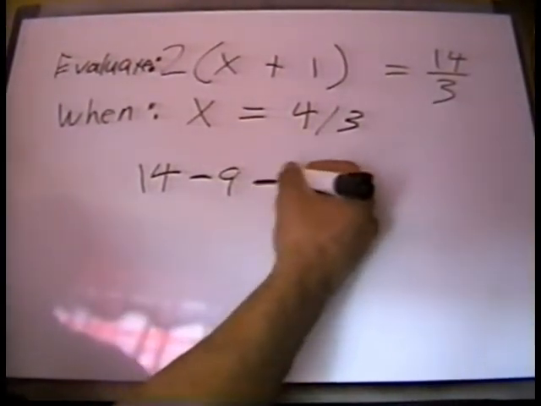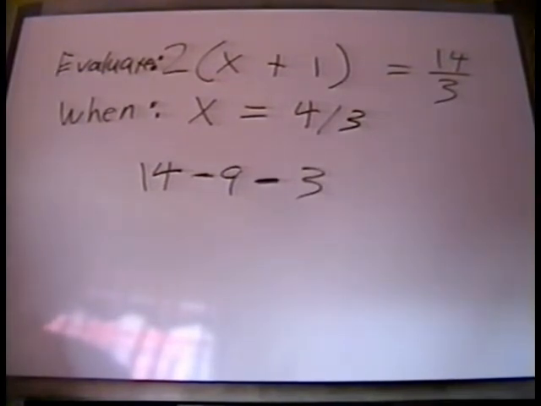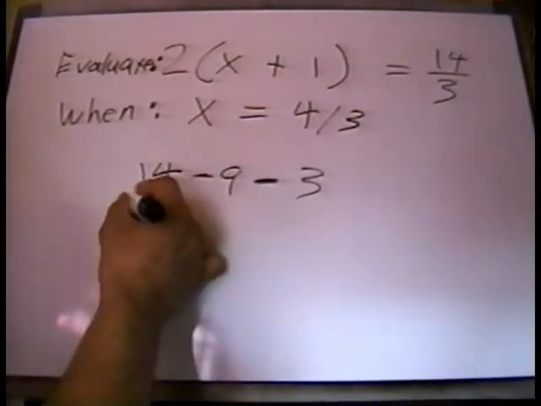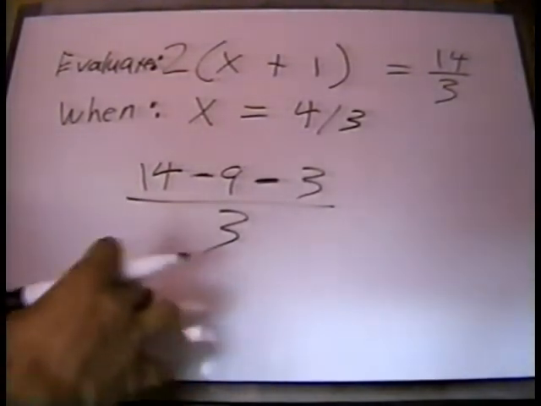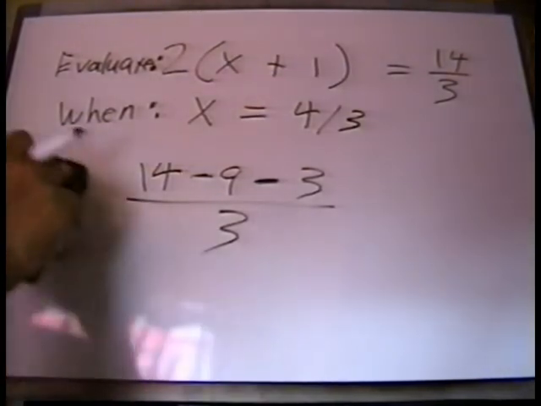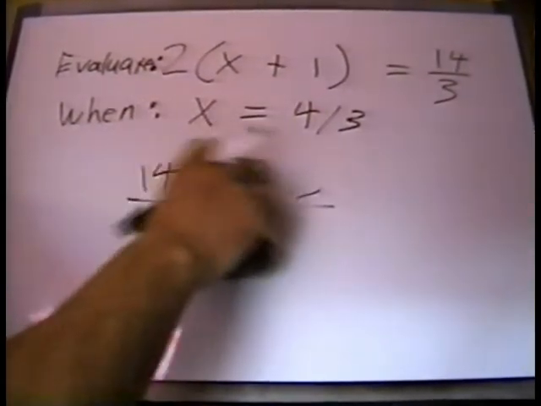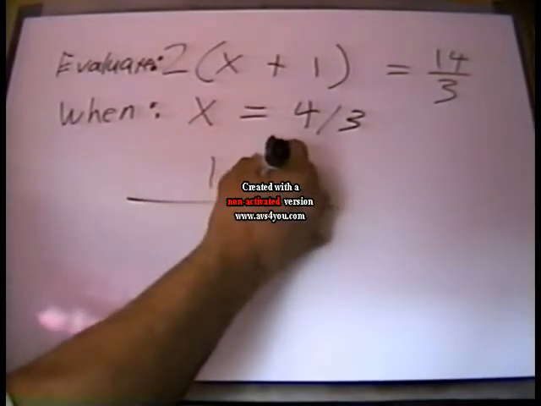Or you could do it like this: we have 14 over 3.